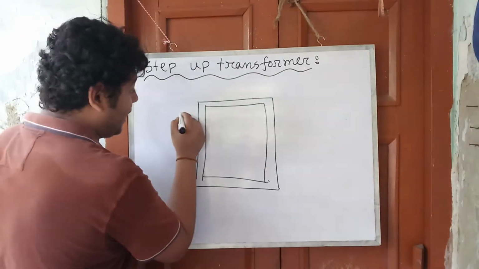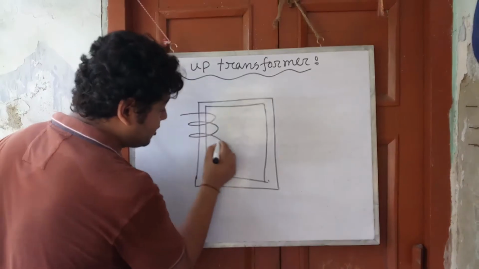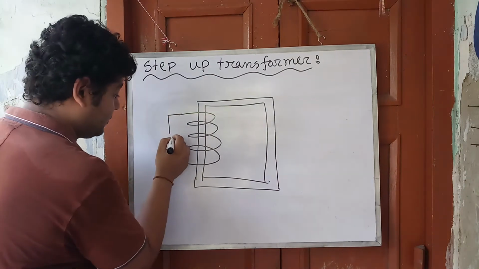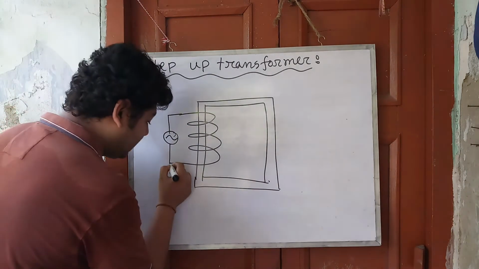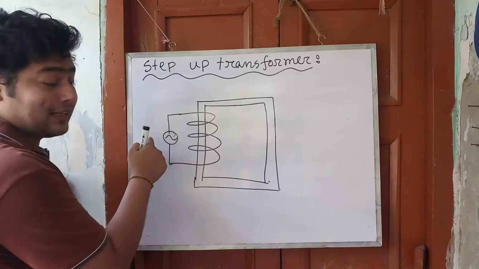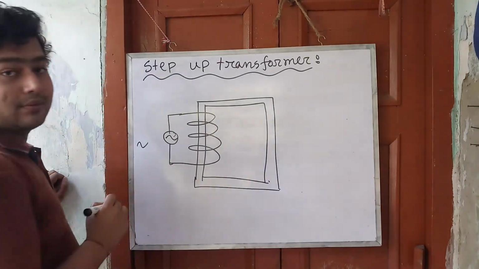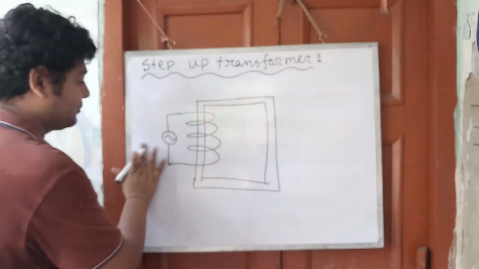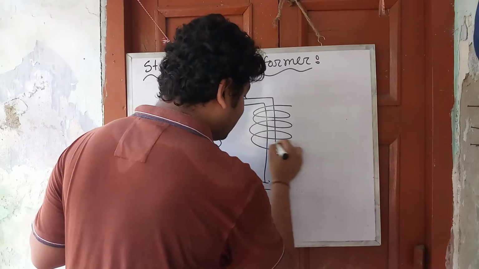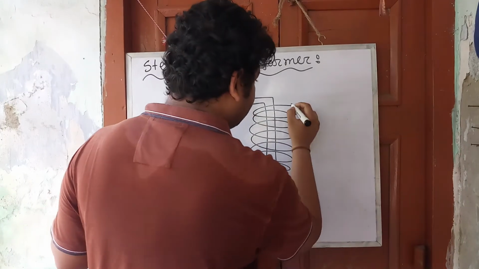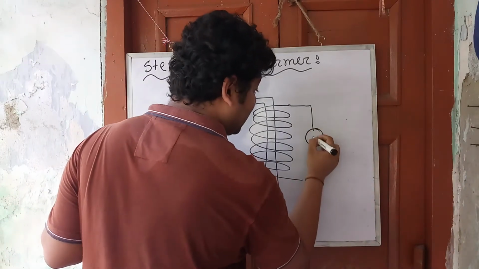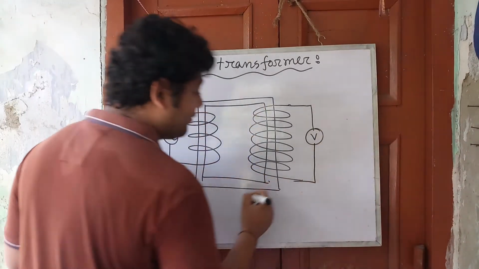In our step up transformer, here is the number of turns of coil. This signal is called the AC signal. On the output side, the number of turns will be greater than the input, and this is our output voltage or EMF.